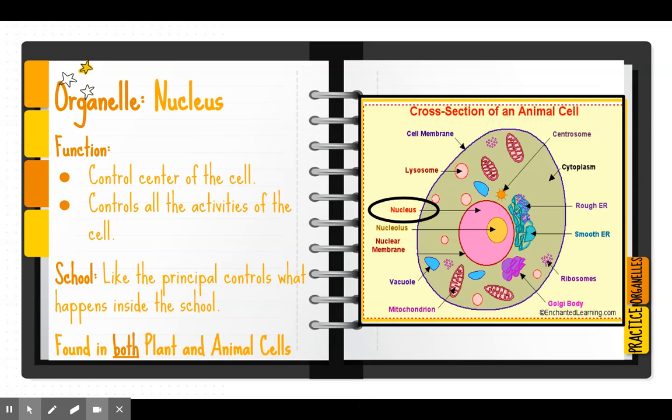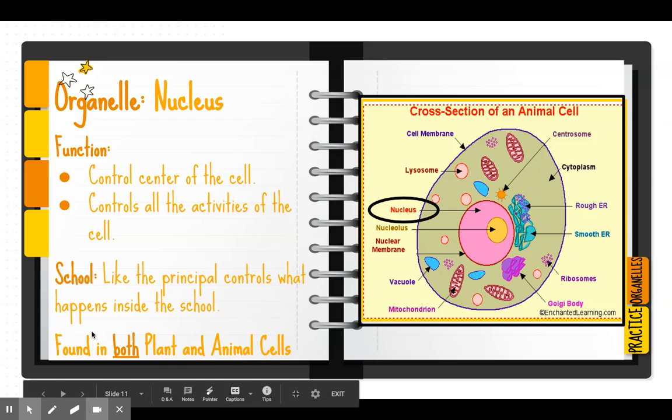The principal controls what happens at the school. It makes the important decisions. It decides what teachers are teaching what classes. It decides if students are in trouble or what students get on the honor roll. The principal is kind of the boss, and that is what the nucleus does.